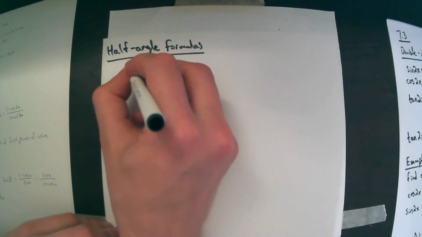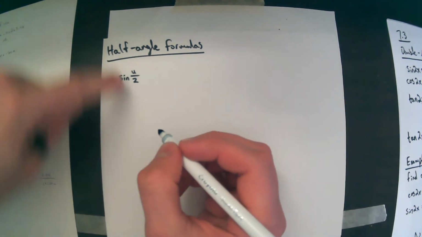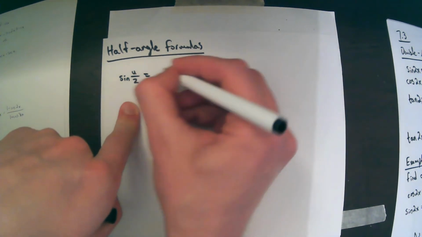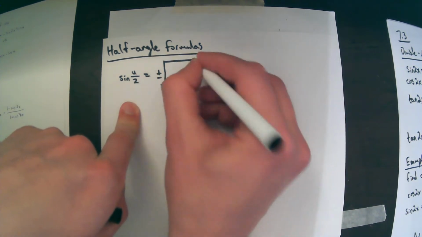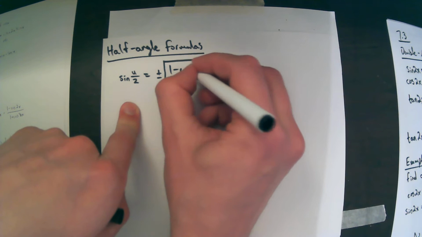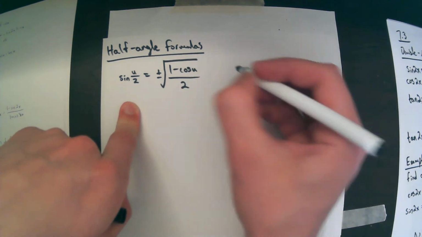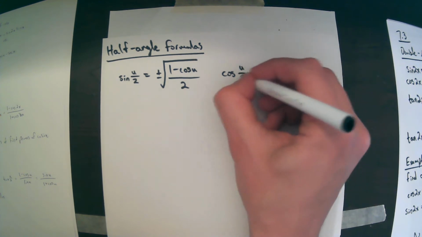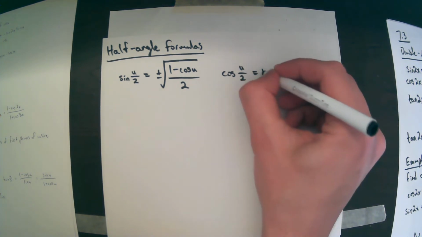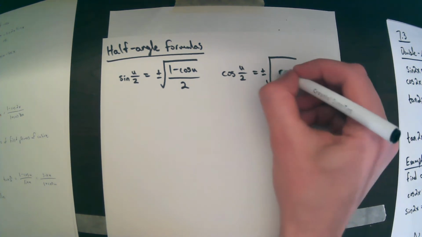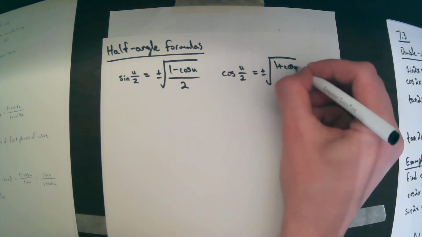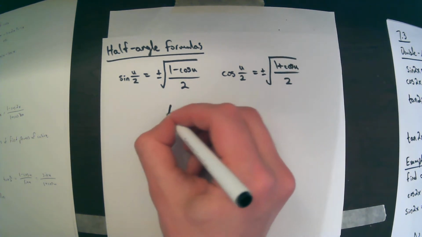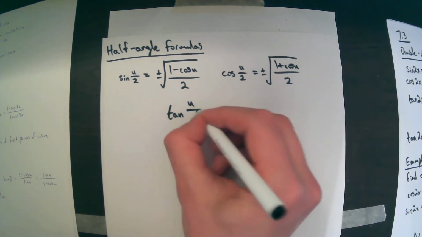Sine of some angle u over 2 is equal to plus or minus, these are probably the weirdest formulas, square root of 1 minus cosine u all over 2. Then we've got cosine of u over 2 equals plus or minus square root of 1 plus cosine u all over 2. I'm going to explain a little bit about these after I get them written down.